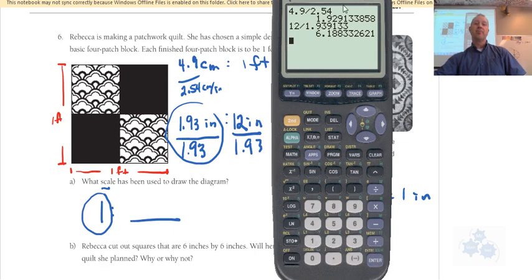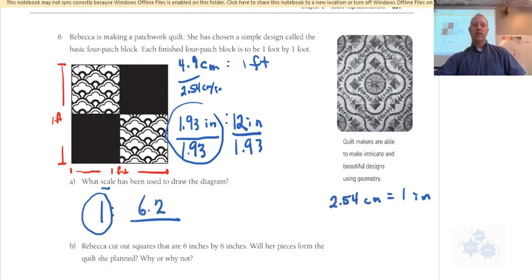I got 6.2. Okay, so 6.2. So the scale is 1 to 6.2. So if this was 1 inch, the real one would be 6.2 inches. If this diagram is 1.93 inches, then the real one is 12 inches. So that's the scale.